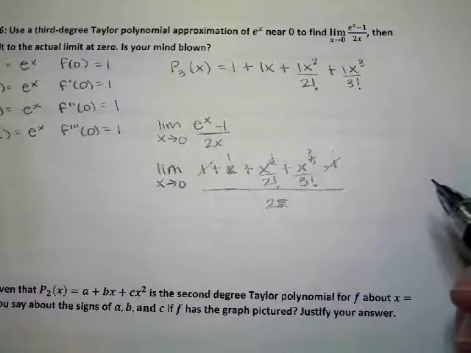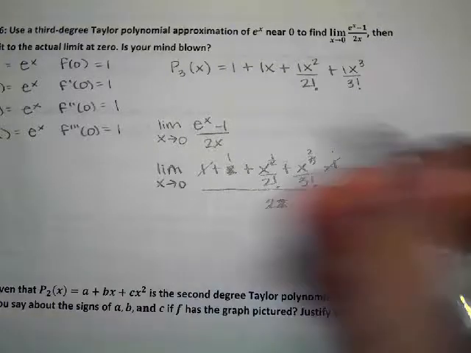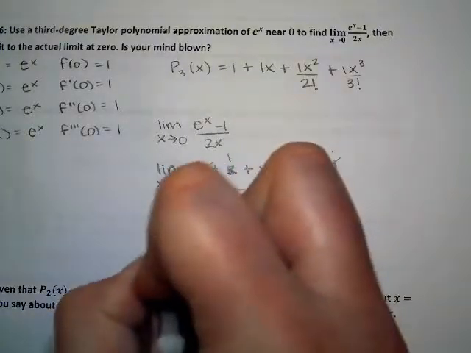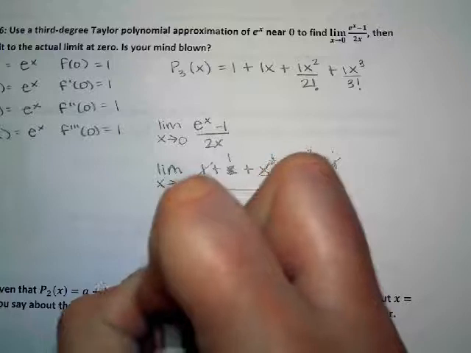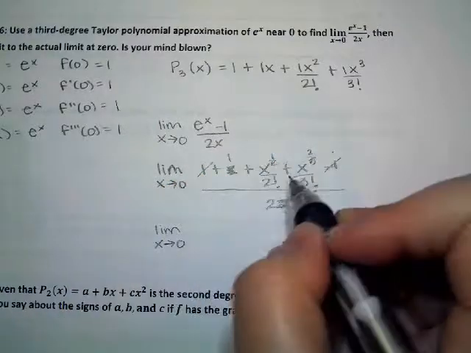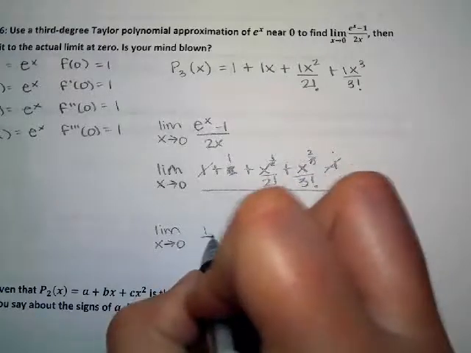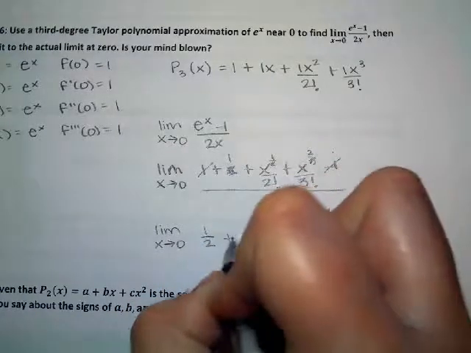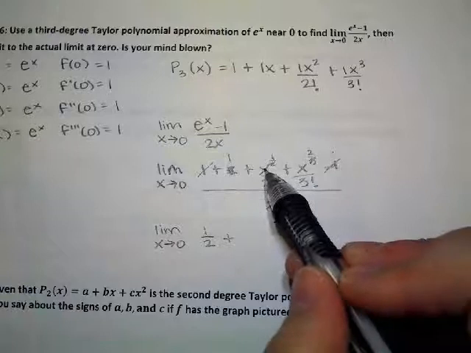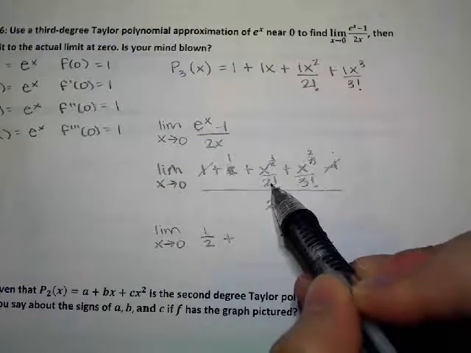Okay, so if I write down what I have now that I've simplified, I have the limit as x goes to 0. I've got 1 divided by 2, so that's 1/2, plus x over 2 factorial divided by 2.